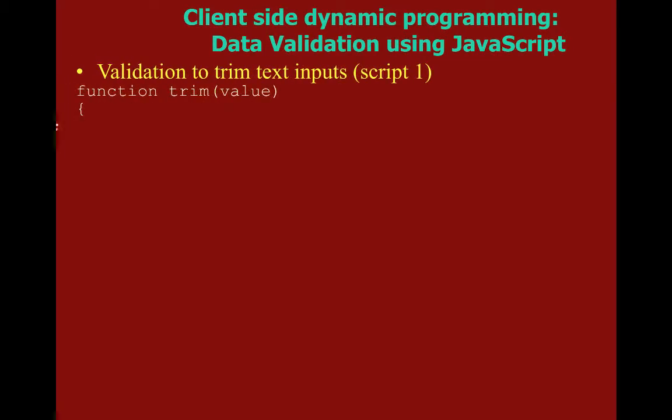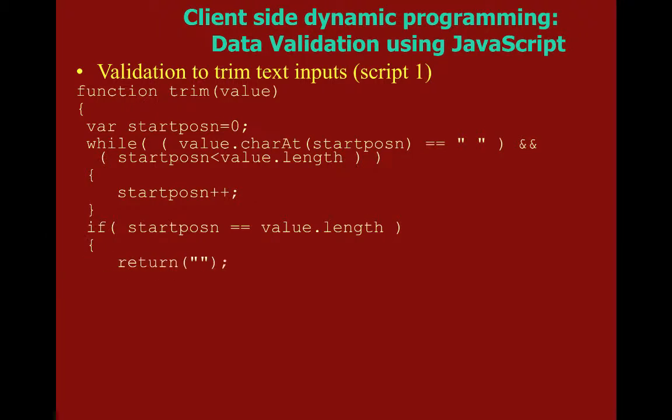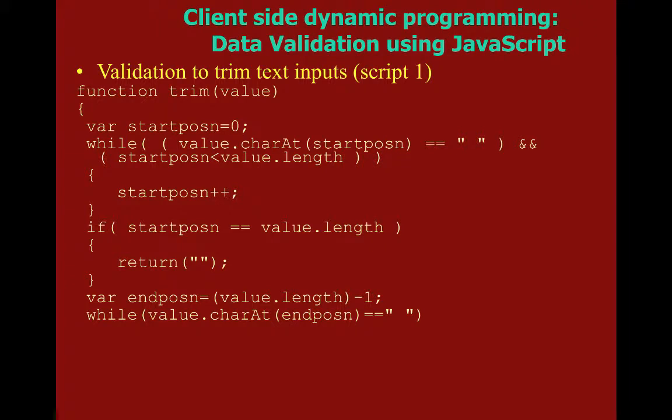So you can write code. I'm going to just show here the code that is used to trim the text input. So the user might have some white spaces before the actual string that is entered, and some white spaces after. And you can write JavaScript code here, which basically scans through the string, right?